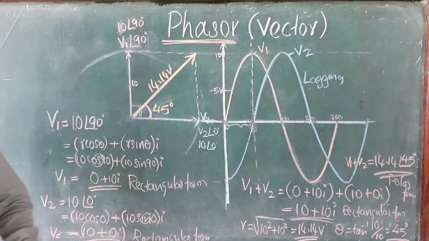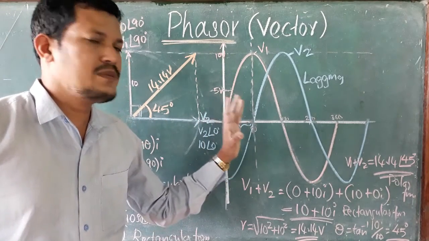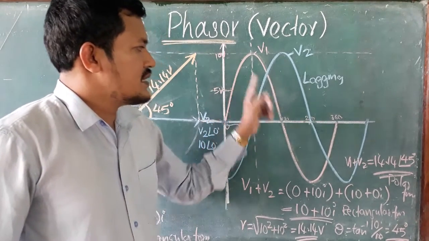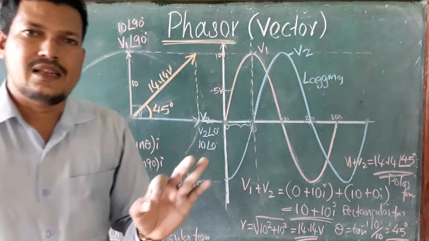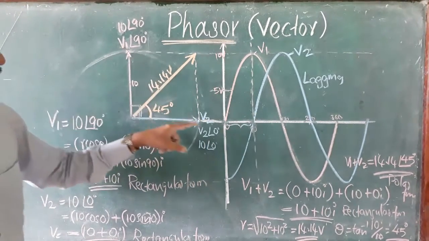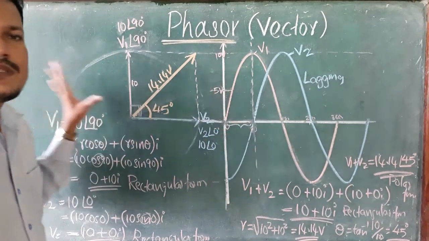It is very difficult to add two alternating quantities, because alternating quantities depend on the angle at every point. So now we did the calculation with respect to angle only. Clear. So the final output is this one.